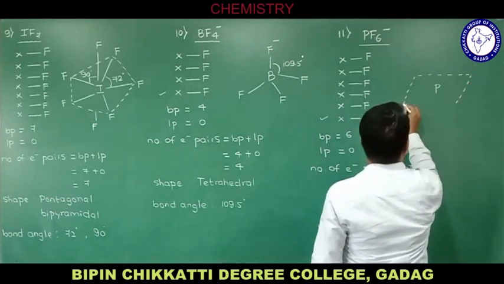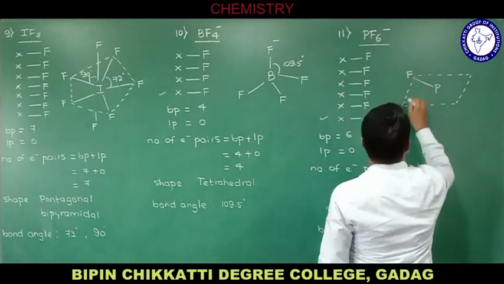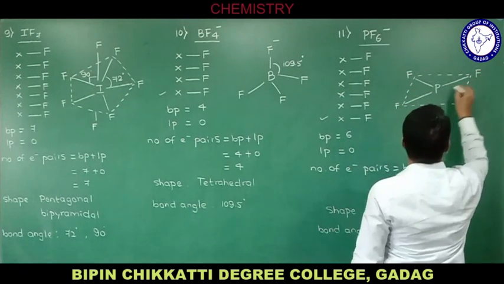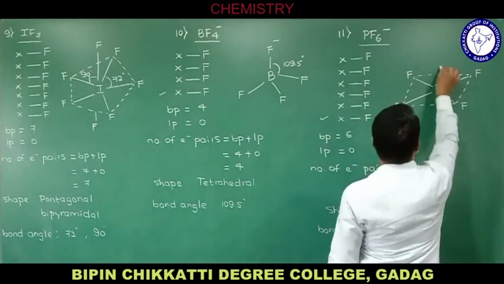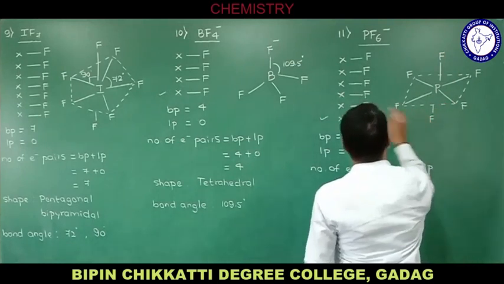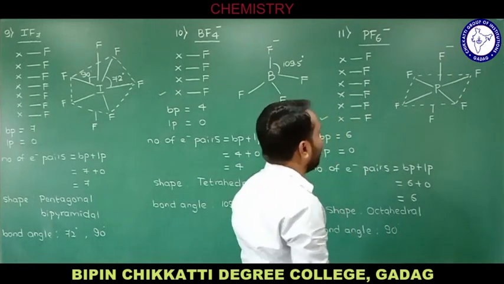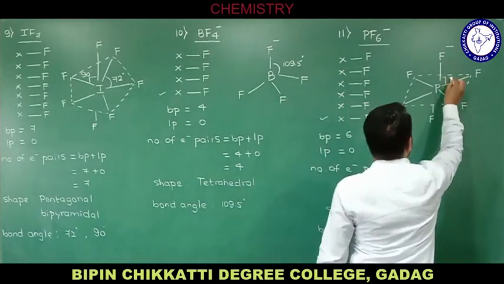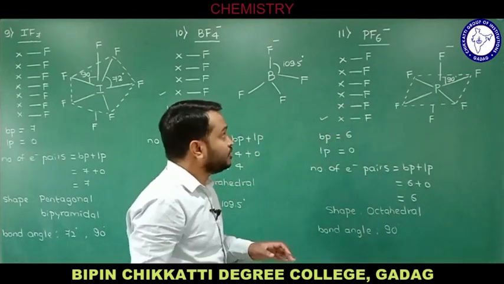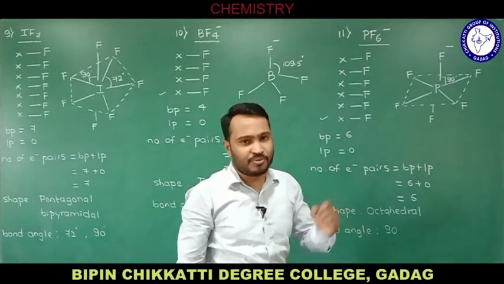So this is a plane what I can consider, and out of 6, the 4 PF bonds will be like this, and 1 PF bond is above the plane and 1 will be below the plane, and one electron is going to be shared with 1 F. For 1 F I am going to mention minus here, and if you calculate, the angle will be 90 degrees here. So these two are the types of ions. For ions we predicted the shape of the molecule.